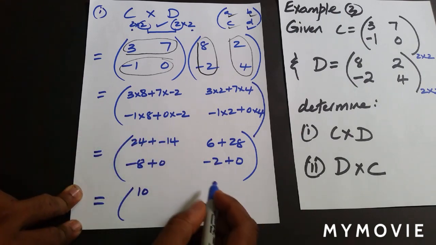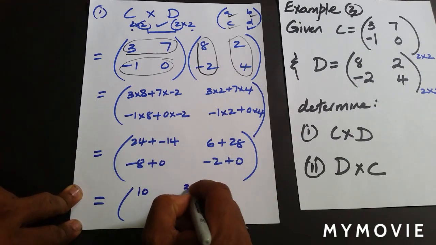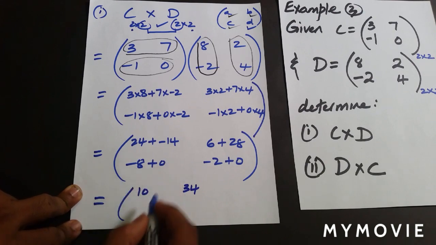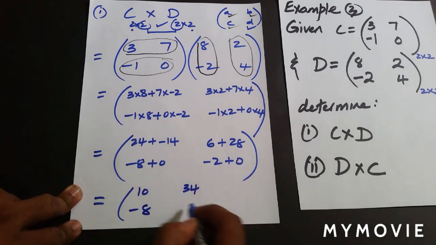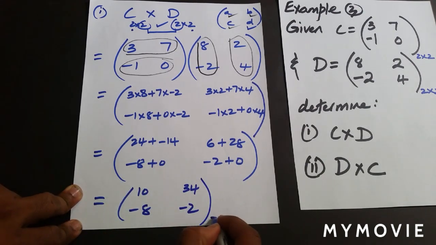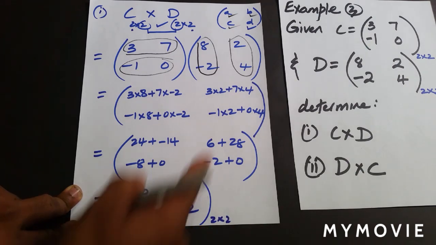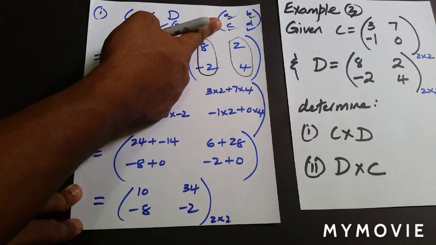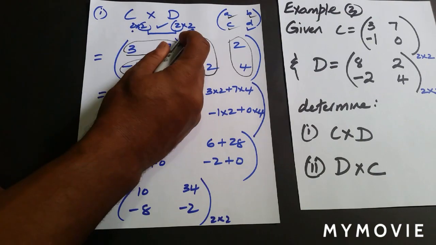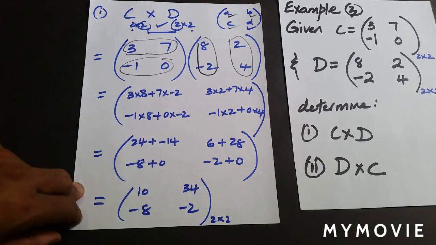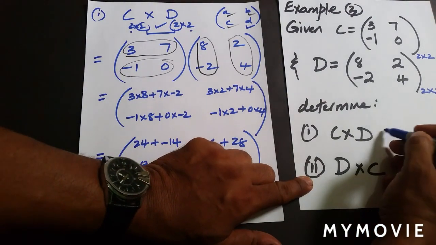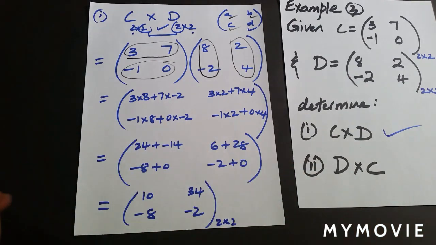Same thing as 24 minus 14. 6 plus 28 is 34. And negative 8 plus 0 is just negative 8. Negative 2 plus 0 is that. And you can clearly see that this is a 2 by 2 matrix, which is what we anticipated, based on the fact that the outer numbers are 2 and 2. And that will take care of this question.